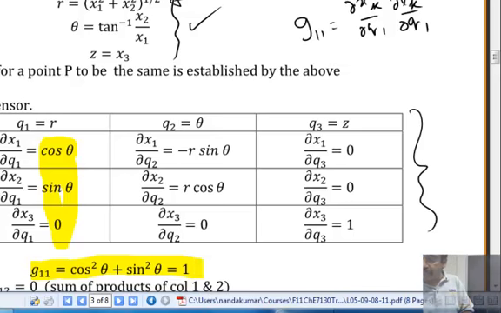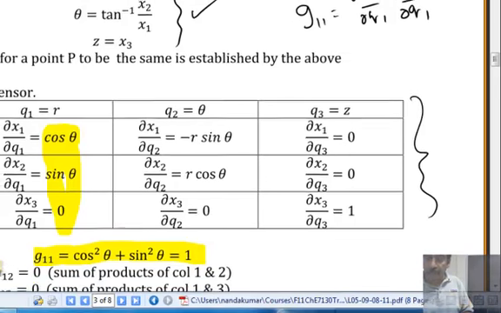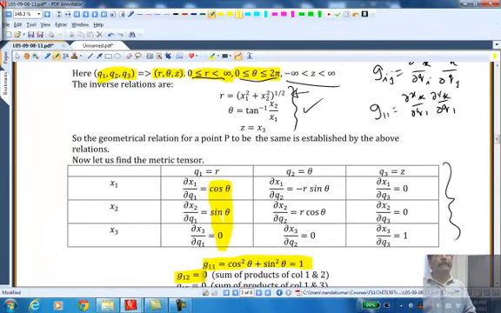When I had to calculate G12, what would I do? I will take the first column and multiply it by the second column and then add them up. So it's going to be cos theta times minus r sin theta, then sin theta times r cos theta. Those will cancel out, and then 0 times 0. So G12 is 0, sum of the products of column 1 and column 2.